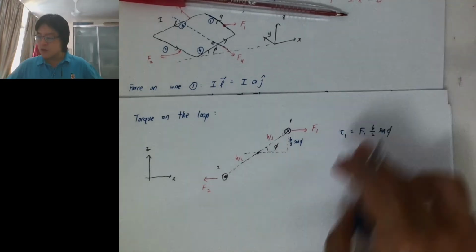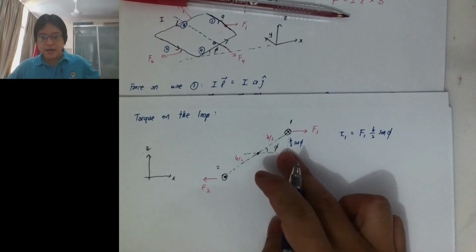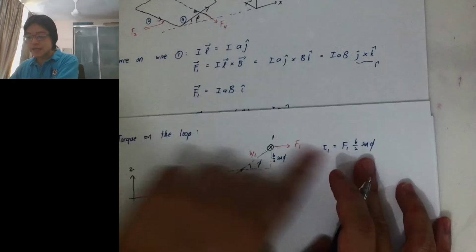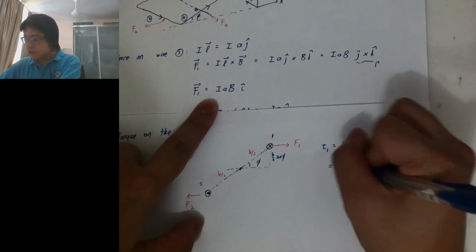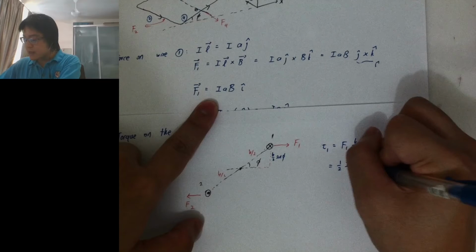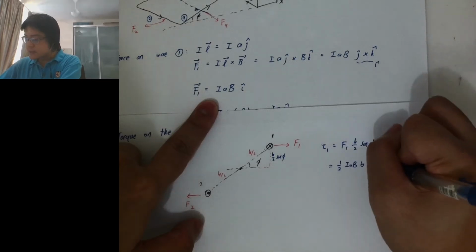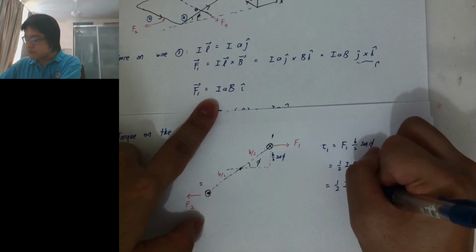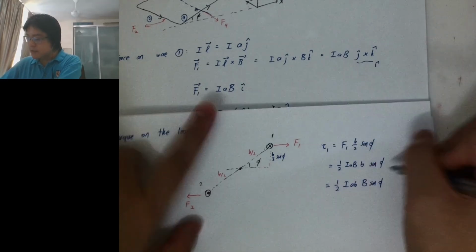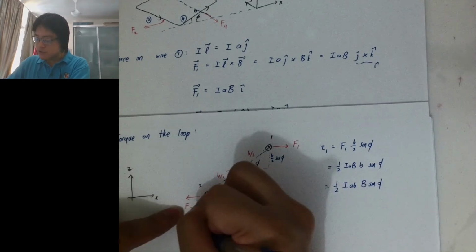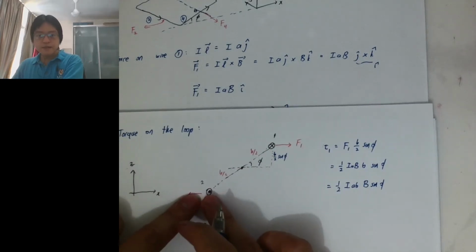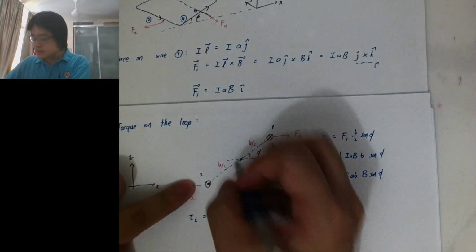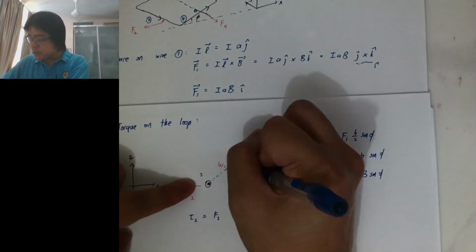So this is the torque on this part over here, and F1 is something that we have calculated. This is the magnitude only, right? So this is IAB. So I got half IA times B and then b sine phi, right? Okay, so this is torque 1. How about torque number 2? The magnitude first is F2 and then the perpendicular distance.